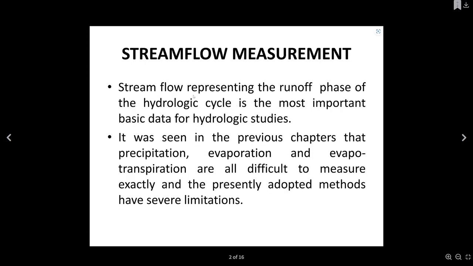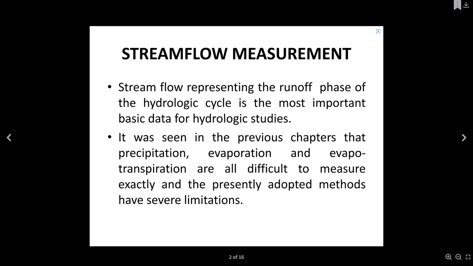So pag sinabi natin stream flow, if naalala nyo, meron tayong concept ng outlet, di ba? Kung saan natin mini-measure yung ating flow. So yung outlet na yon, doon natin makukompute yung area, using sa field.